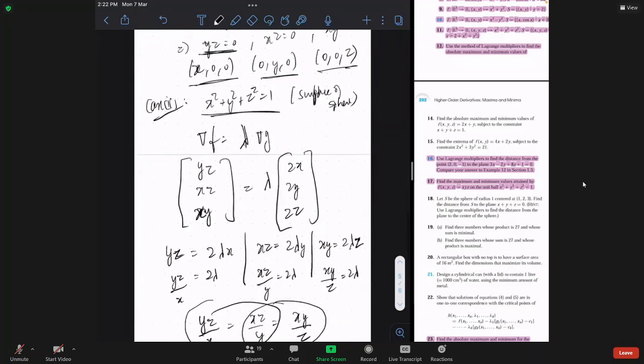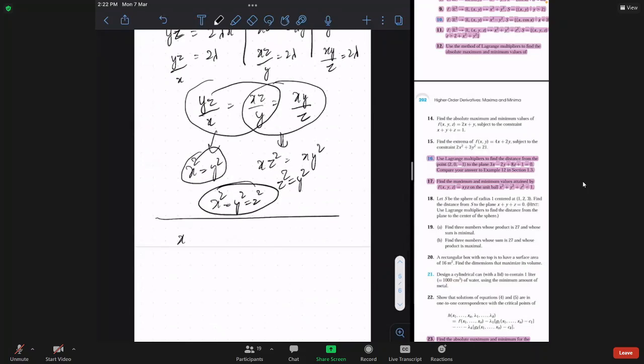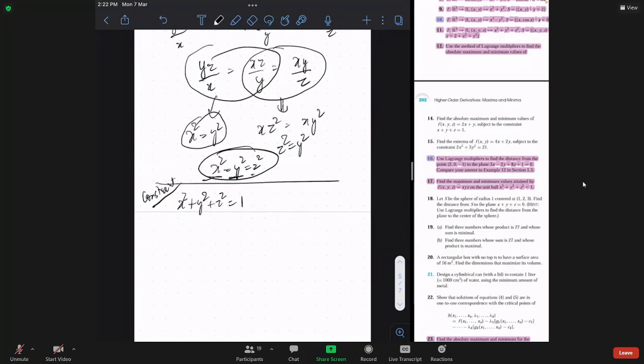The other one is the constraint. From the constraint, x square plus y square plus z square is equal to 1. Since I know x square equals y square equals z square, I can write this as 3x square equal to 1. So I get x square equal to 1 by 3, or x equal to plus or minus 1 by root 3.